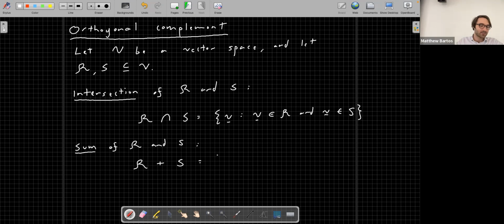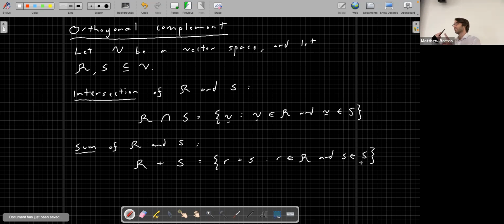The sum of R and S is equal to the set of r plus s, for all r in our vector space R and s in our vector space S. So if we take all of the elements from R and we add them together with all of the elements from S, so we take a vector from R, we add it with some vector from S, we take another vector from R, we add it with some other vector from S, and we find all of the combinations of the sums of the vectors from R and S, that gives us the sum of R and S.